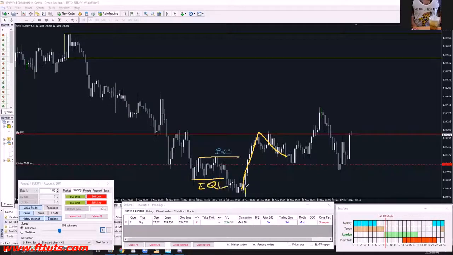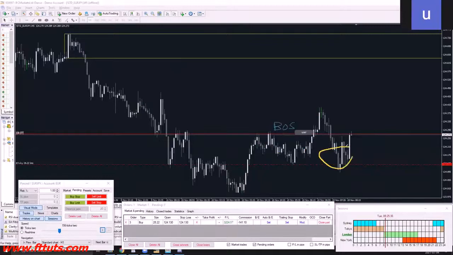And then this became my FU candle on the 15 minute, which unfortunately didn't take me in. So what I did afterwards was I seen equal lows, FU again, getting taken out, structure liquidity again getting swept. So in this area I went in the 1 minute and looked for a confirmation entry.